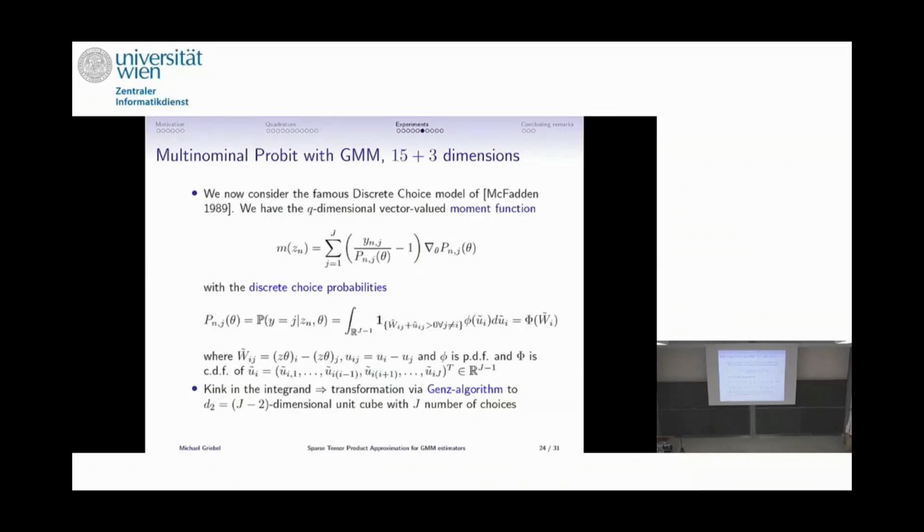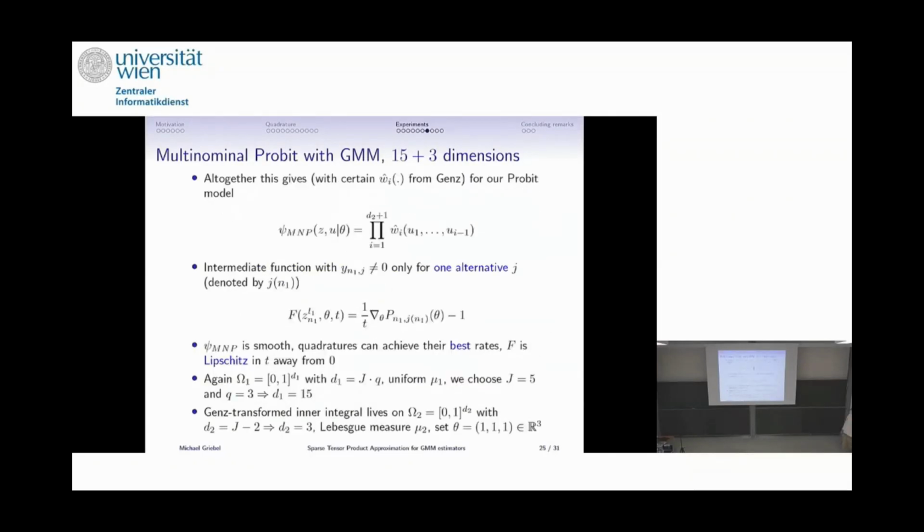Otherwise, we have only very low convergence rates, of course. And then we end up with a nicely behaving and smooth inner function. This is one trick. We have only one alternative. This makes the outer function look like this guy here. But anyway, the message is the inner function is completely smooth.